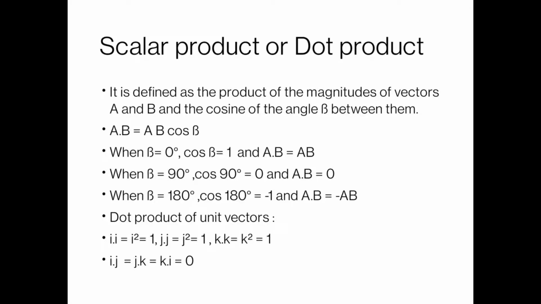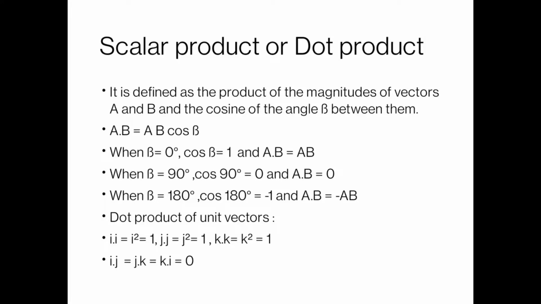When beta is equal to 0 degrees, we know that cos of beta, or cos of 0, is equal to 1, which is the maximum value for cos. And in that case, the dot product of A and B, A dot B, is equal to AB, which is the maximum value for the dot product. But when beta is equal to 90 degrees, this is the second case, we know that cos 90 is equal to 0.